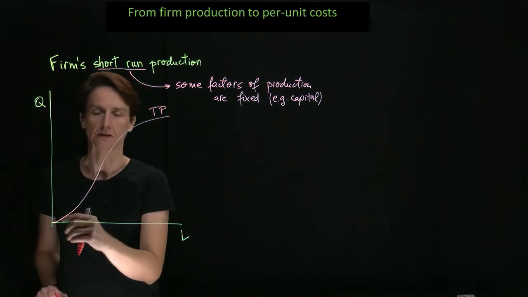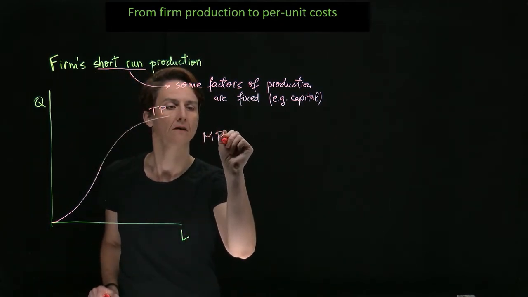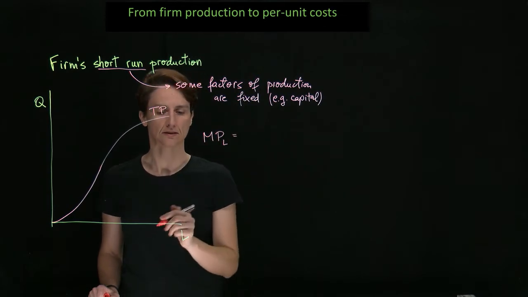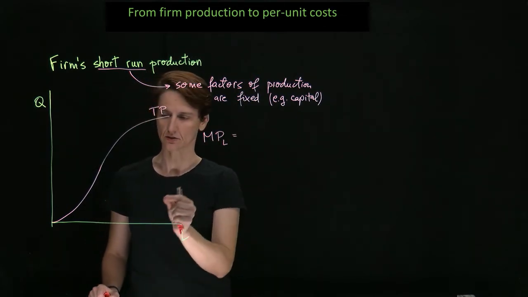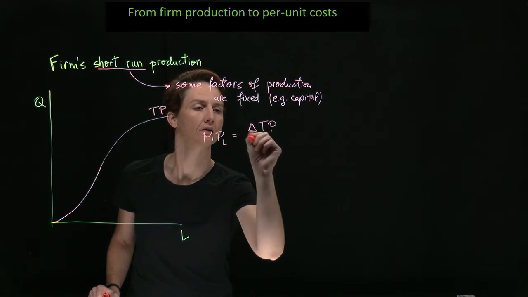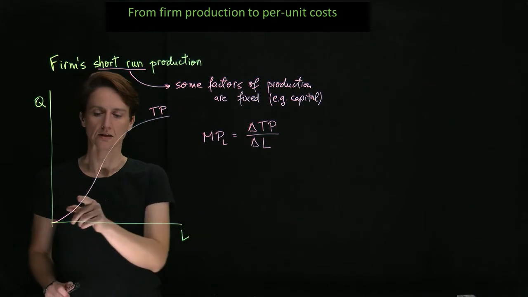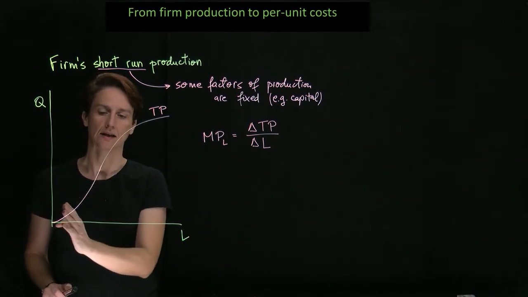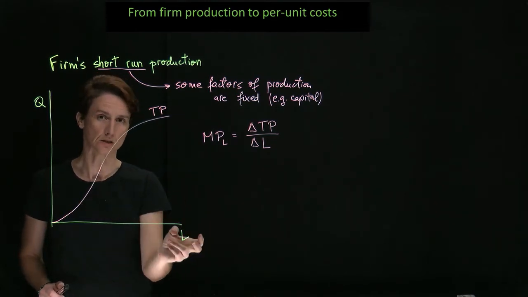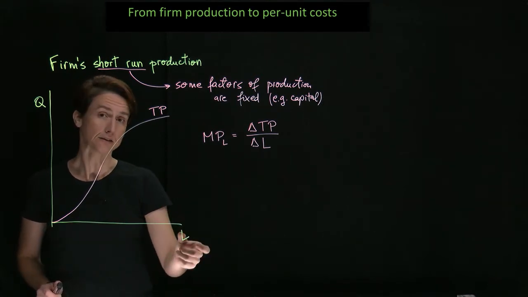It means that the marginal product, so how much does each extra worker add to output, is often increasing as the firm hires more workers because they're able to specialize and learn.